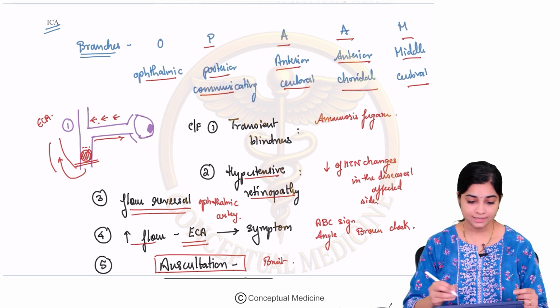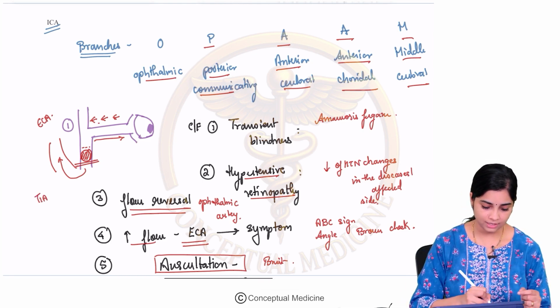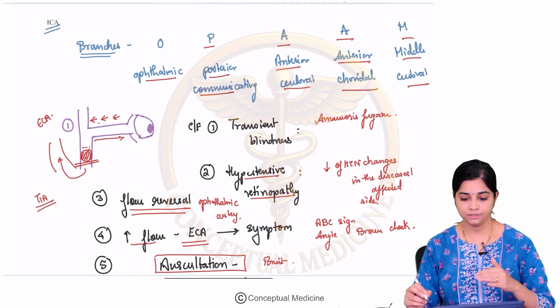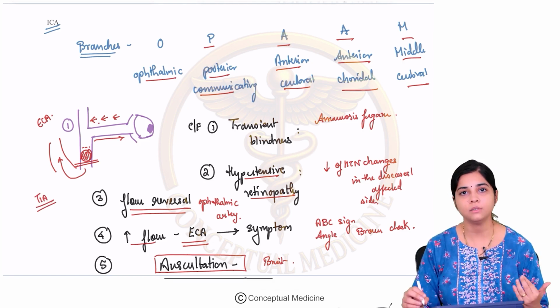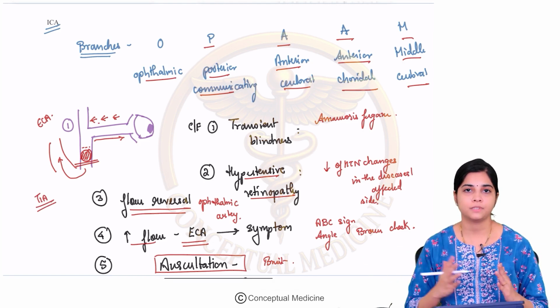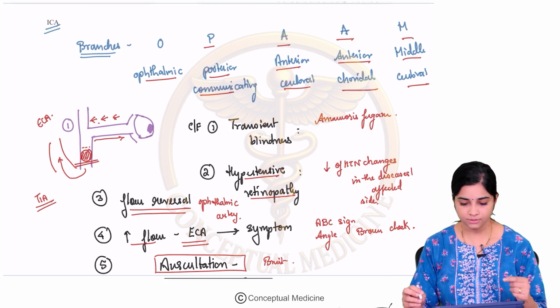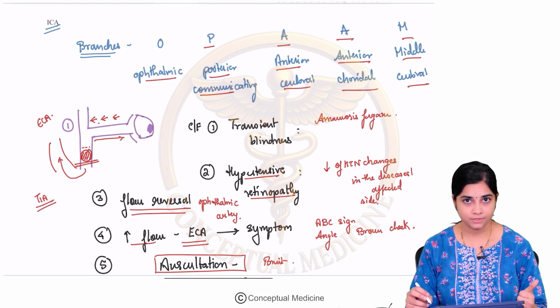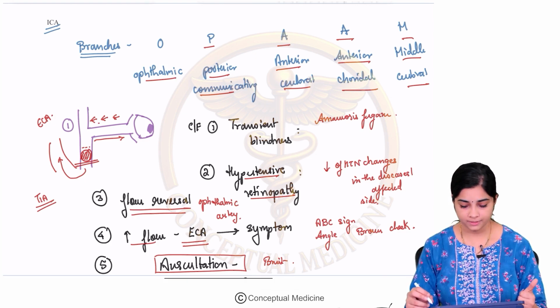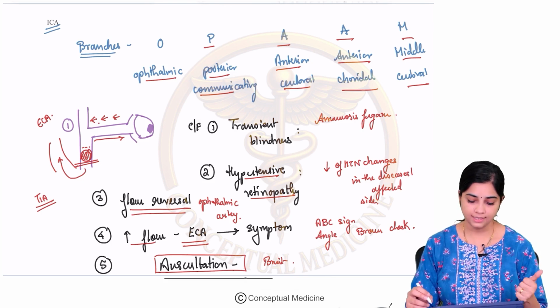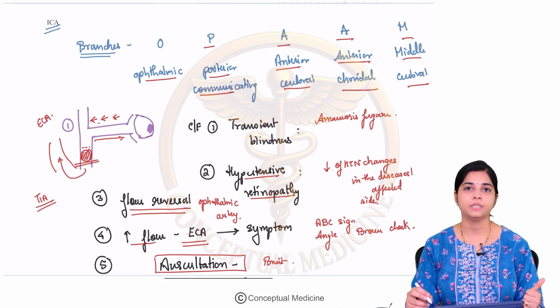So if there is an ICA TIA, which is a transient ischemic attack, then these are the changes you can look for before they present with a massive stroke. You can have transient blindness, which is your amaurosis fugax. You can have decreased hypertensive retinopathy changes, flow reversal, increased flow in the ECA. In auscultation, you can have a bruit.